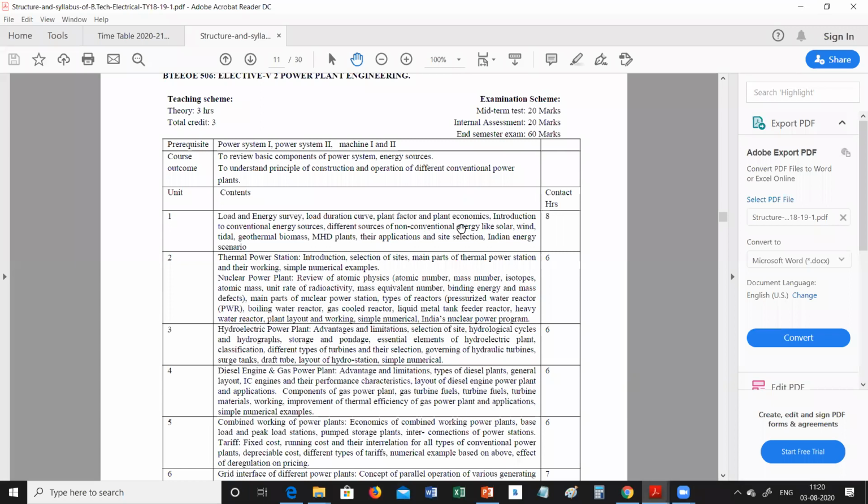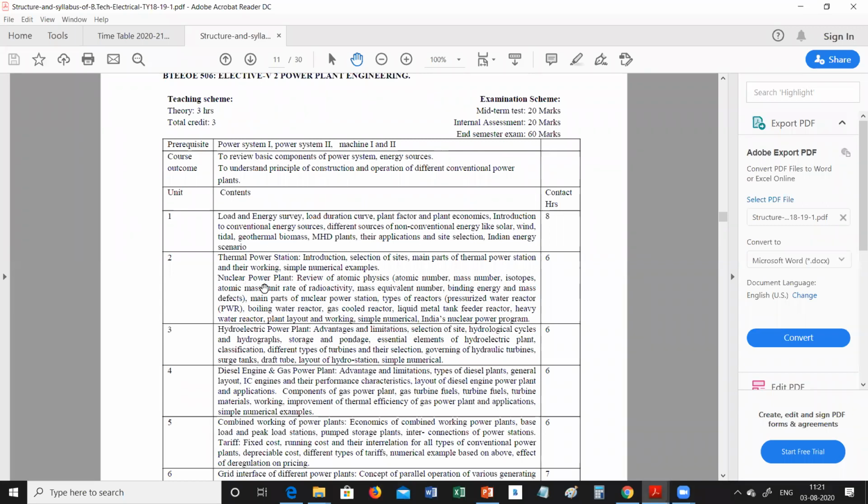For example, a hydroelectric power plant is a renewable type, but it will require a lot of capital investment. After that we will see the conventional energy sources and different sources of non-conventional energies like solar, wind, tidal, geothermal, biomass, MHD plants, and so on.